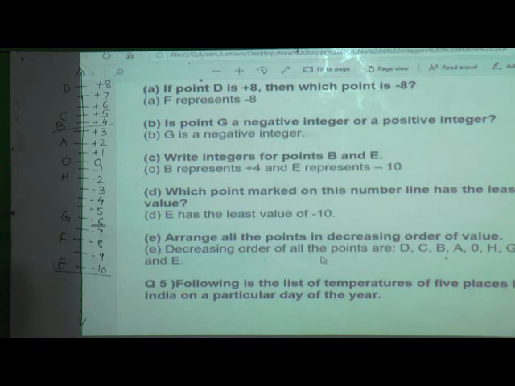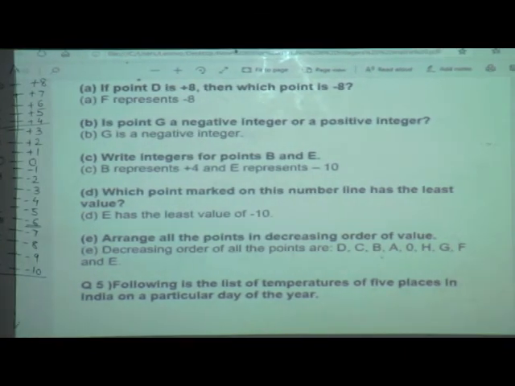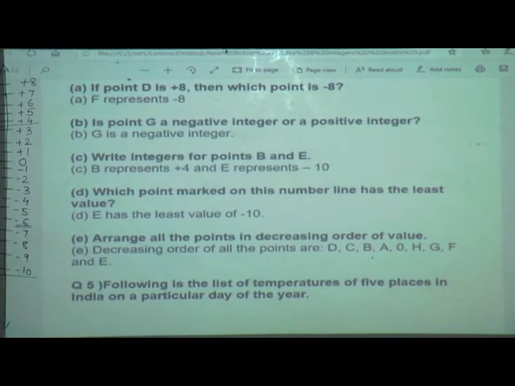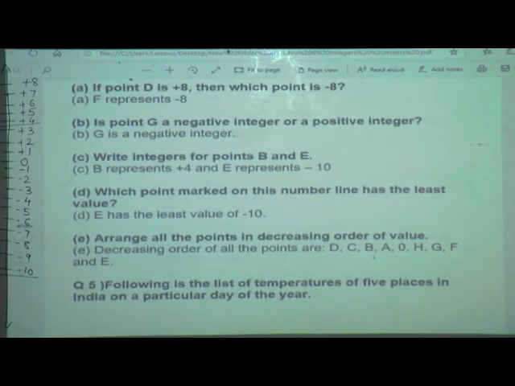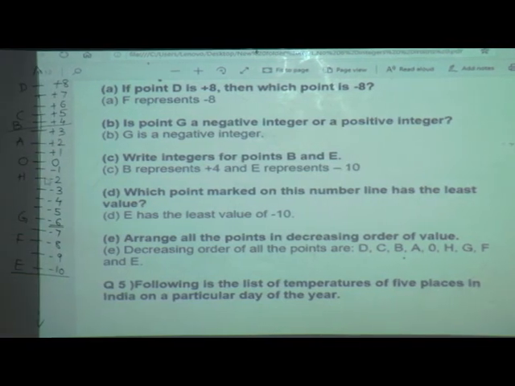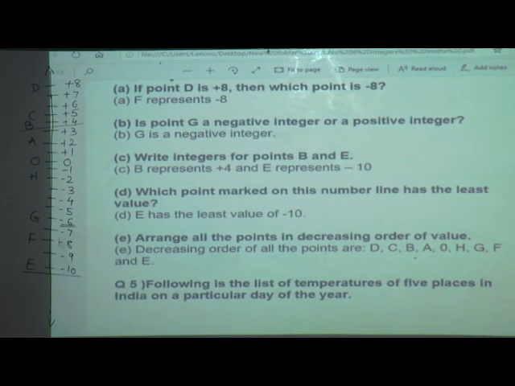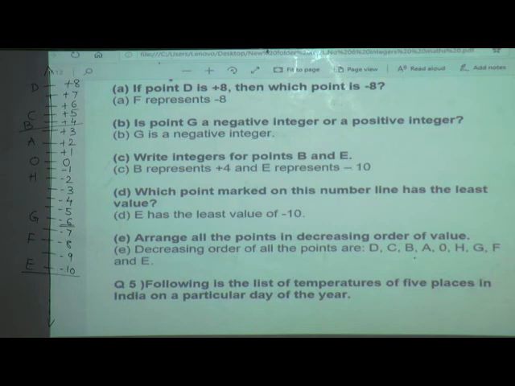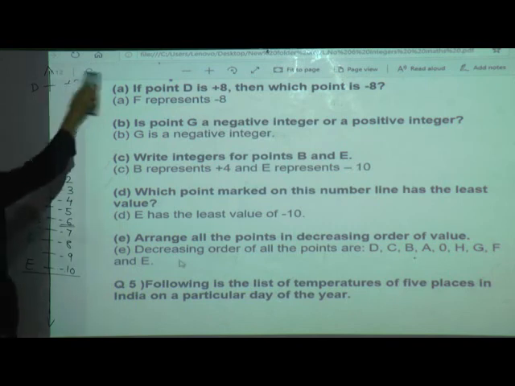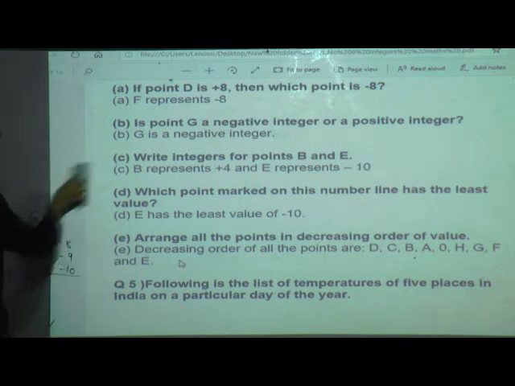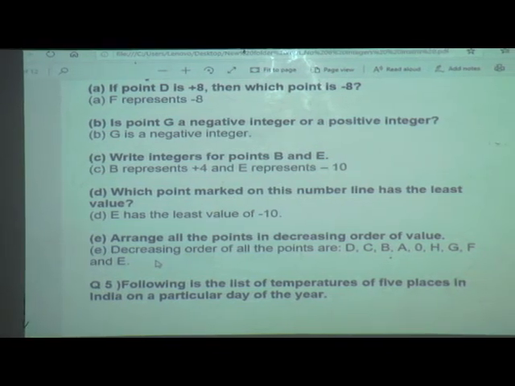So the answer is that the decreasing order of all the points is D, C, B, A, O, H, G, F and E. So let us move towards the next question, that is question number 5.